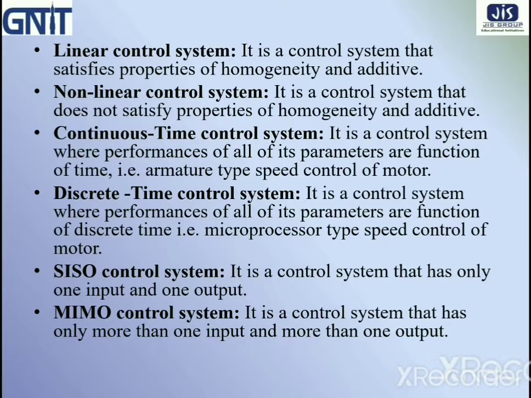And if a system has both additive property and homogeneity property, then the system is called a linear system, that is a linear control system. So a system which obeys the superposition principle is called a linear control system. And on the other hand, if the system does not satisfy or obey the superposition theorem, then the system is called a non-linear system.